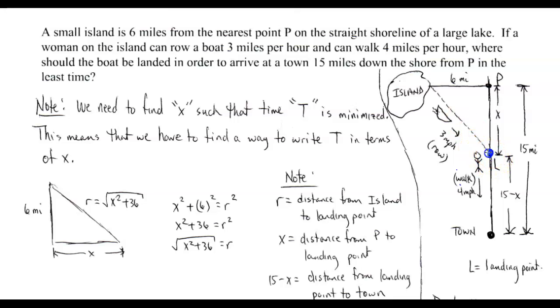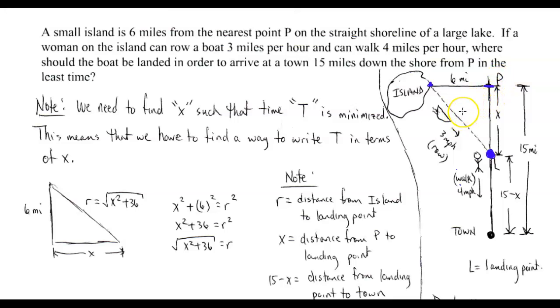So we're trying to figure out this point that I'm drawing here. This point is in reference to where she would be if she came straight across from her home island, starting at point P here.